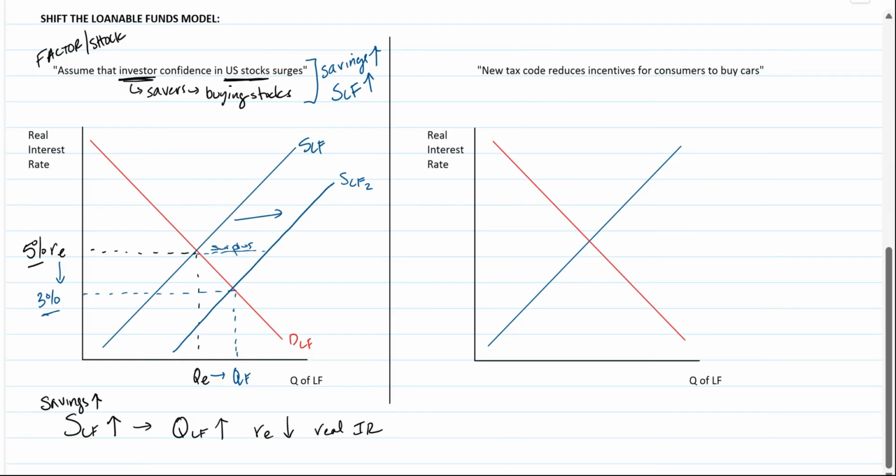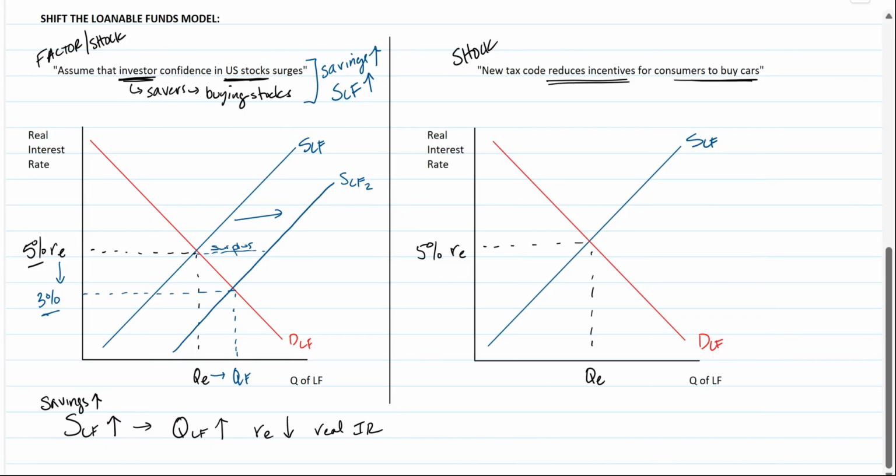On the other example we have here, we again have our basic supply of loanable funds, our demand for loanable funds, and an equilibrium, RE, we'll set it again at 5%, and here QE, right? And this time our shock says that the new tax code implemented by the government reduces incentives for consumers to buy cars, right?